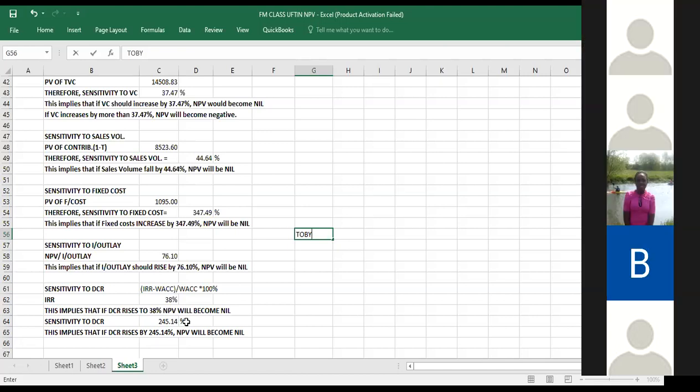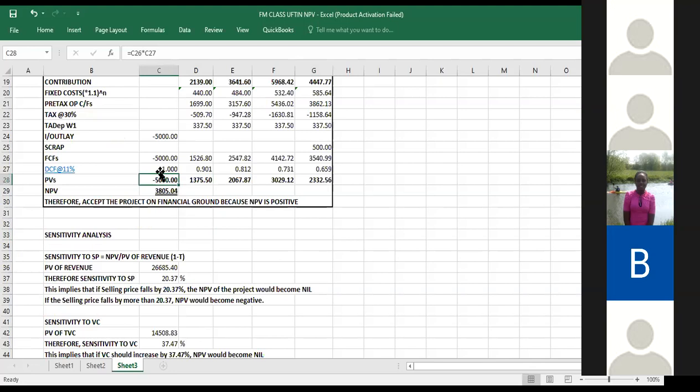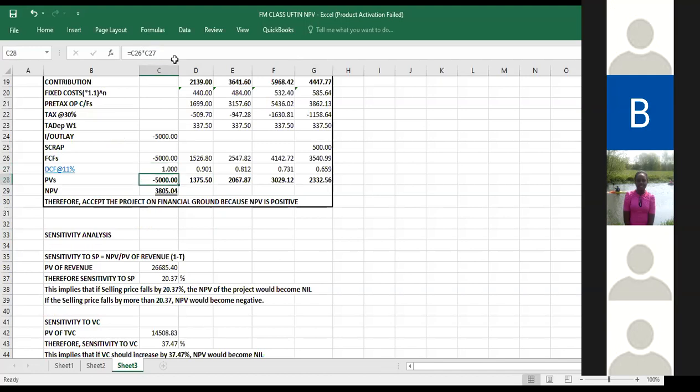Yeah. So easy to see here. If we actually even do this just as a revision, if we go here, where we got our discount rate, and instead of 11% we used 38%, that's 38% now.